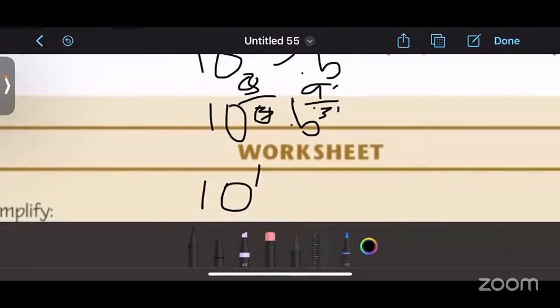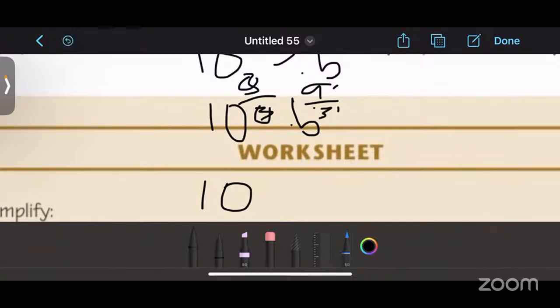In mathematics, we don't write the power of 1, because if there's just a number, we automatically know its exponent is 1.